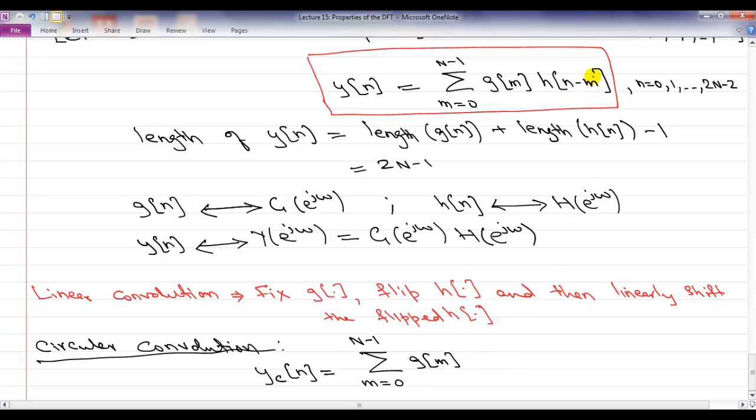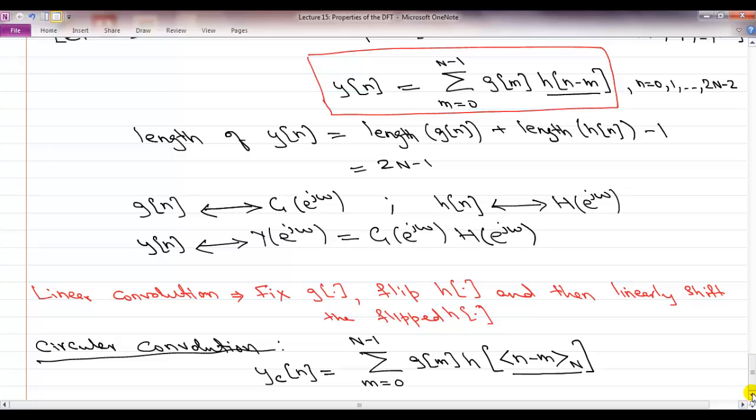The trouble is with this shifting operation, because it is effectively what is responsible for making the length of the output sequence larger than the length of hn or gn. So instead of doing this linear flip and linear shift, we will have this mod operation, h of n minus m mod n. So you just compare the two. Here we have simply h of n minus m. Here we have n minus m mod n.